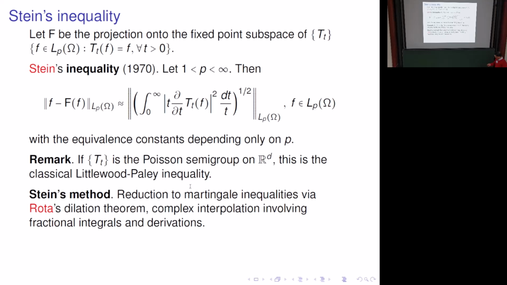His proof also produces constants whose dependence on p is exponential, very big, and this equivalence fails when p equals 1 or p equals infinity. So here p is strictly between 1 and infinity. So when p goes to 1 or to infinity, both constants blow up exponentially.